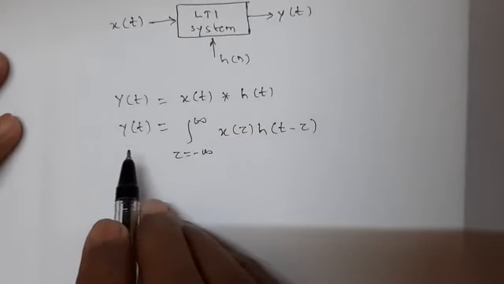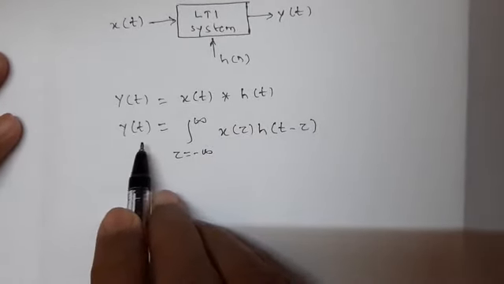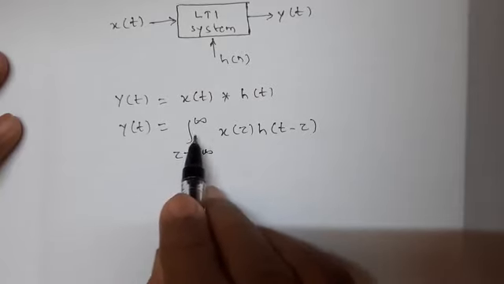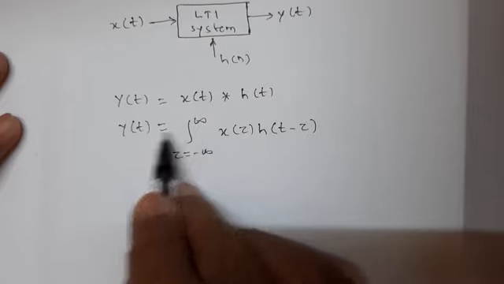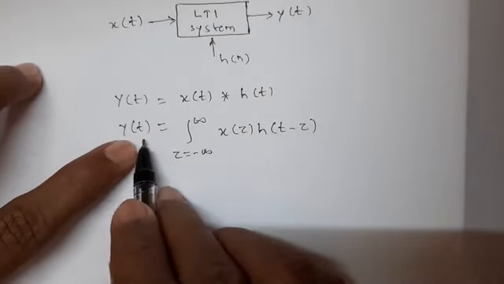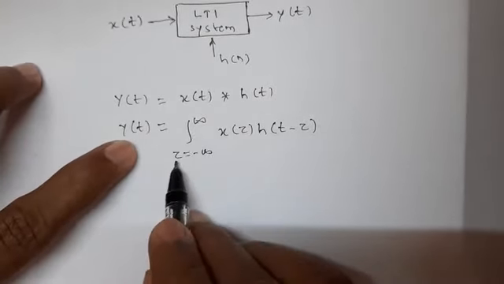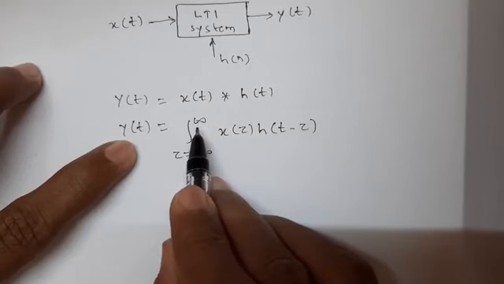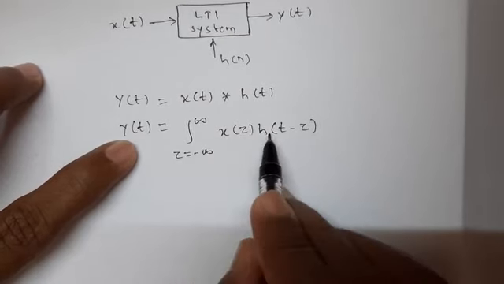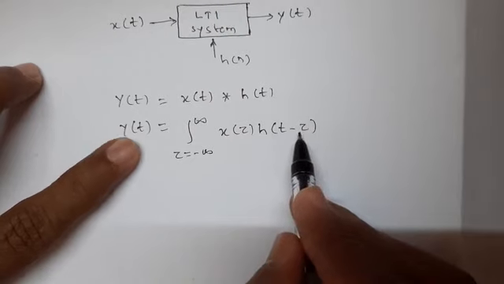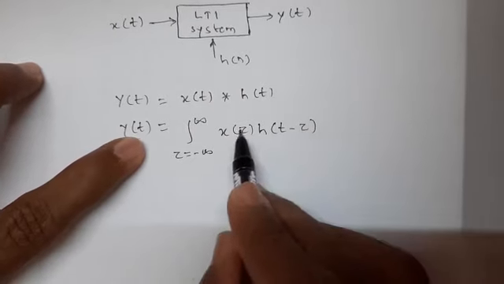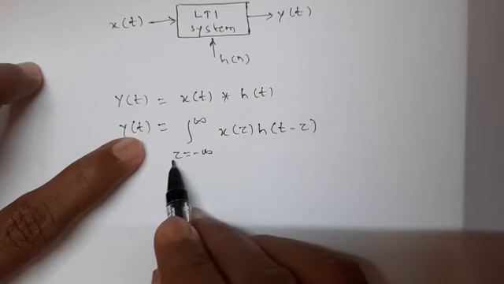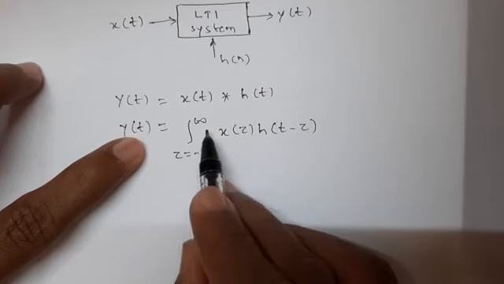For discrete time systems, y of n was equal to summation k equal to minus infinity to plus infinity, x of k, h of n minus k. Here it was n, so it was n minus k, and here it was k, x of k, and the limit was from k equal to minus infinity to plus infinity.